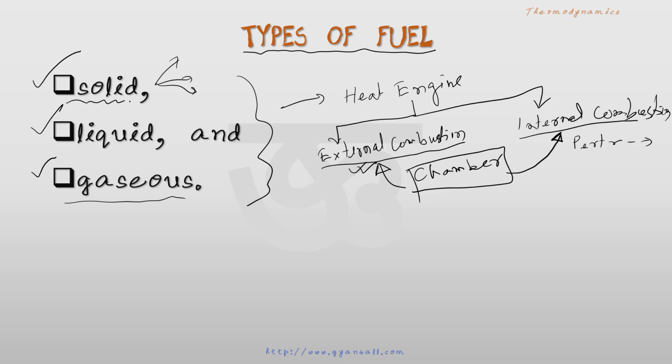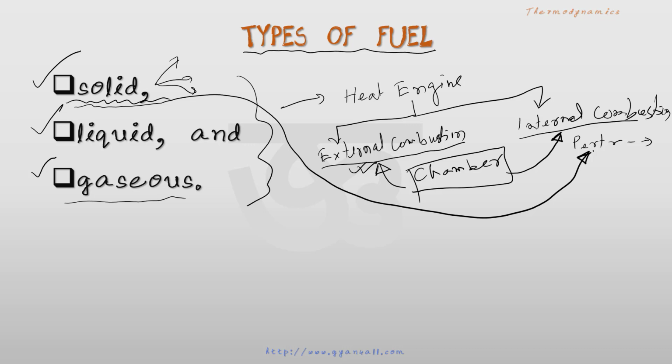But if we talk about solid fuels, they are not very suitable for an internal combustion engine because the fuel is burned inside a chamber. The first thing is that distribution of the fuel is very difficult because it is a solid. And even if we manage the distribution issue, there is another problem: when we burn solid fuel, it produces ash, a residue.